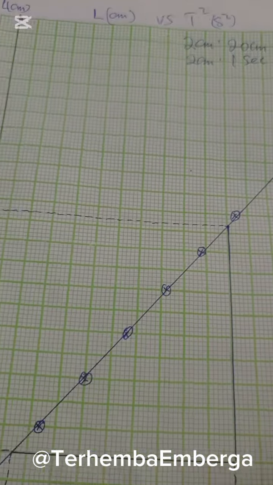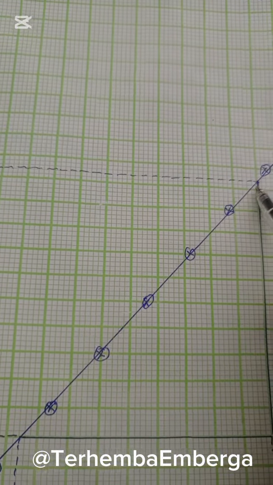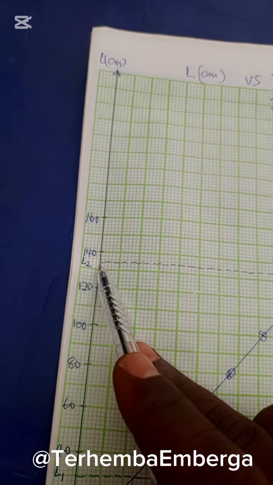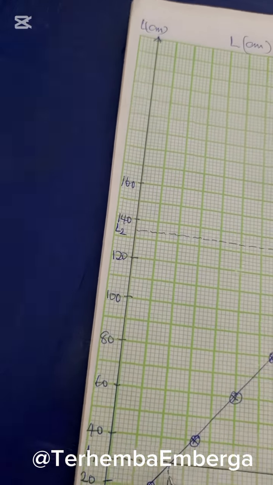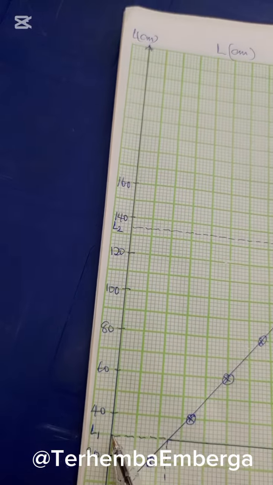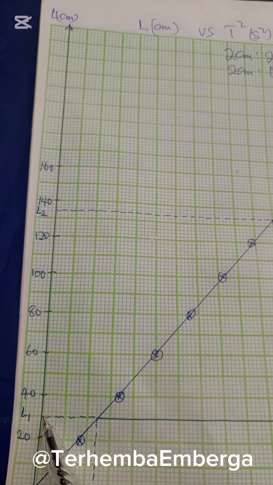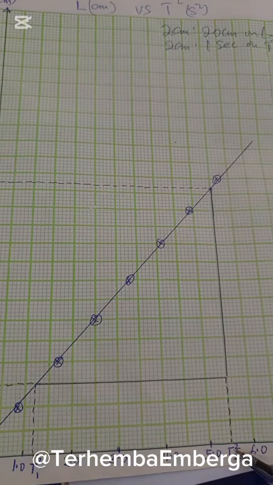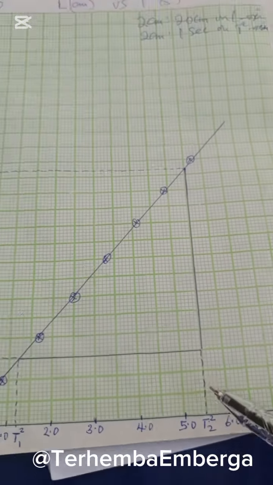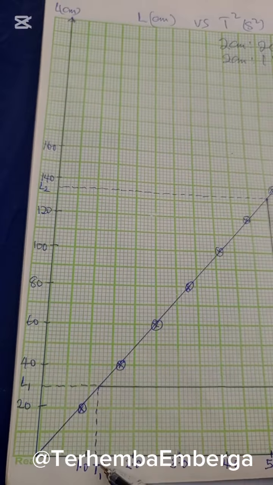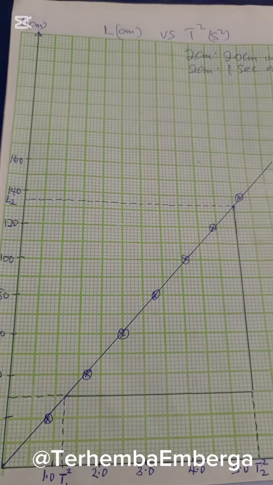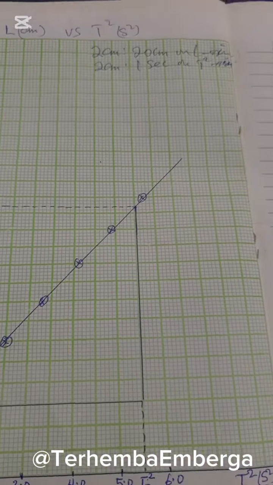So in this case, this is our L2, and our L2 is 134. L1 is 30. Then t square 2 is 5.5, and t square 1 is 1.2.